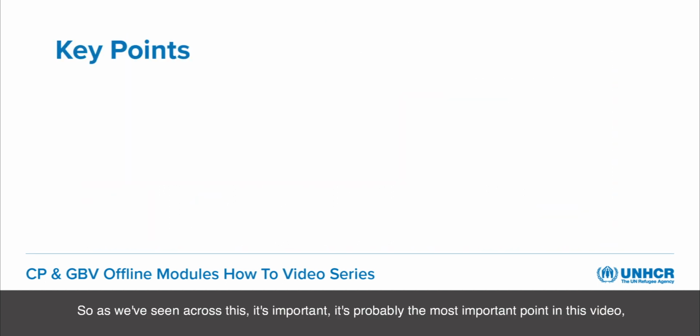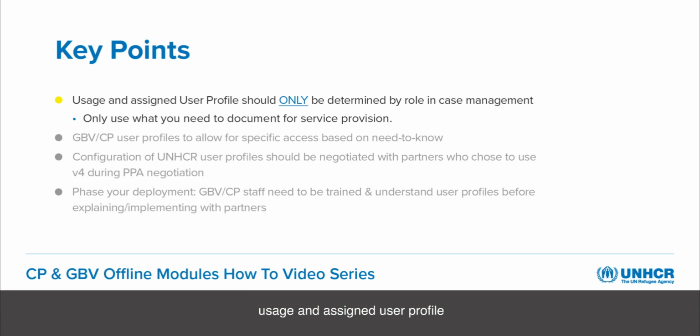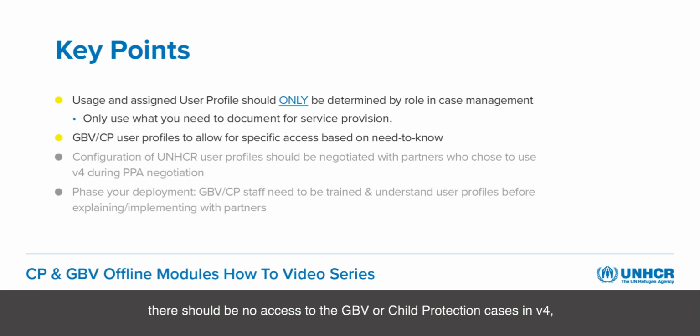So as we've seen across this, it's probably the most important point in this video: usage and assigned user profile should only be determined by someone's role in case management. There should be no access to the GBV or child protection cases in V4 for the purposes of partner monitoring or for just viewing case files.